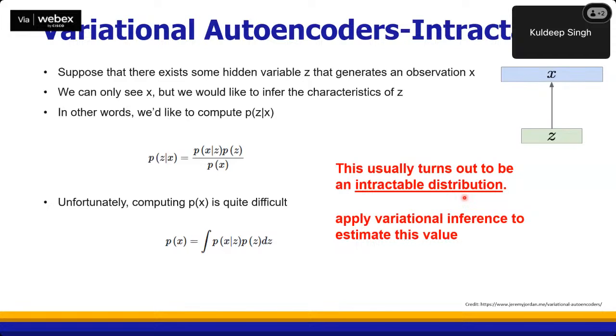So it's not as simple as it looks. Dealing with these distributions is not that simple. Since we are not able to compute this P(X), we cannot infer this particular distribution, and that makes it an intractable distribution. Just for clarity, I want to define what intractability is here.